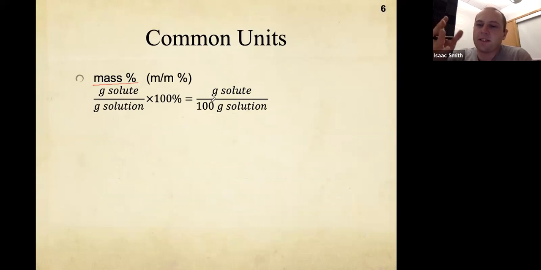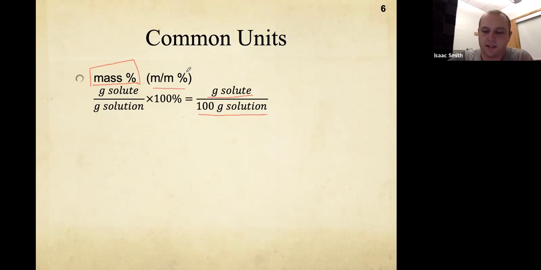But remember, solubility is the maximum concentration of something. So mass percent is just the concentration of something at any point. This says how many grams of solute there are in 100 grams of solution. Pretty simple, mass over mass. Sometimes you'll see it like this, m divided by m percent.